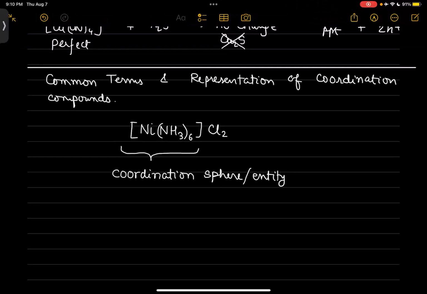It includes a central metal atom or ion and its ligands. These are known as ligands.